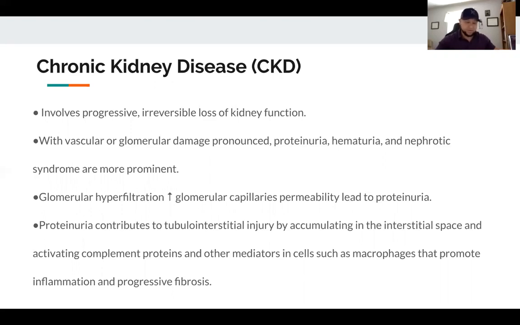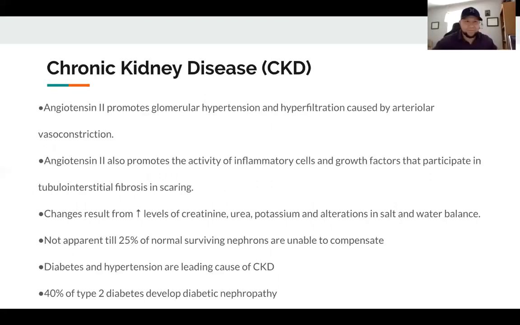Hyperfiltration leads to an increased glomerular capillary permeability, which leads to proteinuria, which then contributes to tubulointerstitial injury by accumulating in the interstitial space and activating complement proteins and other mediators in the cells, such as macrophages, that promote inflammation and progressive fibrosis. Next slide. So angiotensin II promotes glomerular hypertension, hyperfiltration caused by arterial vasoconstriction.